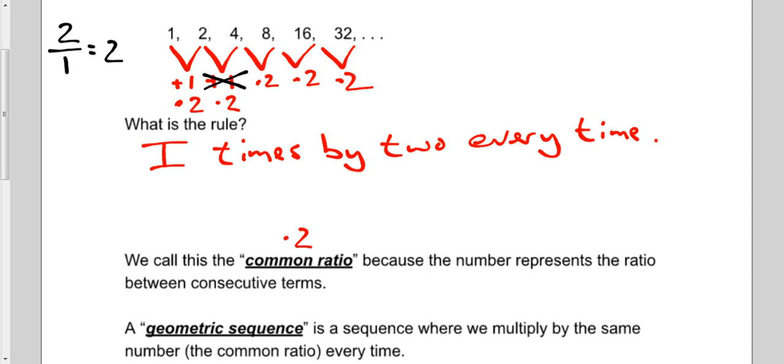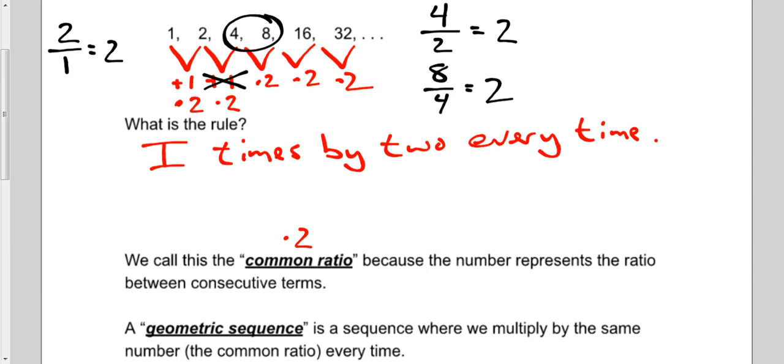If I look at these two terms, I take 4, I divide it by 2, 4 divided by 2 is 2. We see that? And then I take these two terms, and 8 divided by 4 equals, what is it?